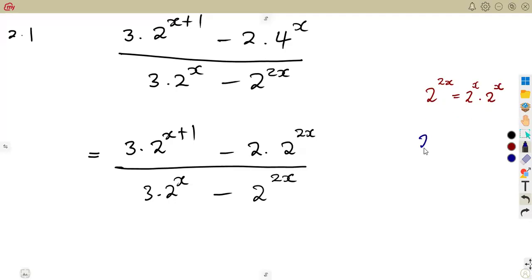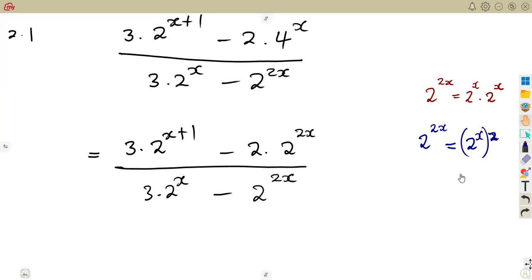The same 2 to the exponent of 2x can be written as 2 raised to the exponent of x, and raised to the exponent of 2, like this. 2 to the exponent of x squared. Maybe you can understand that it means the same thing as this one. You're multiplying that. That means there are two of them.